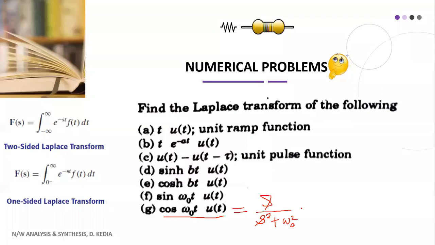Okay, so this is the answer that you get. In this way, we have seen the solution of all these 7 time domain functions, and we have obtained their Laplace transform. Now we move forward to our inverse Laplace transform.